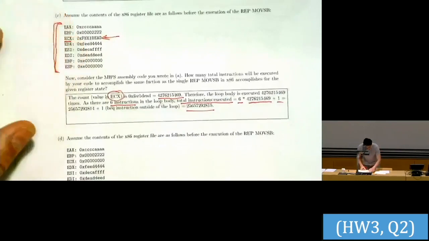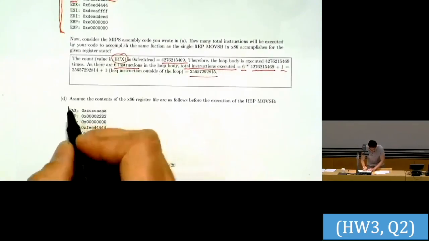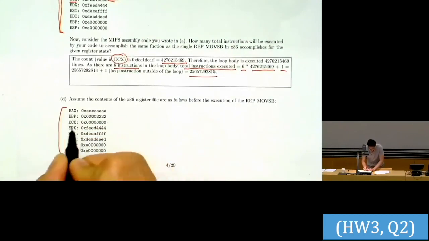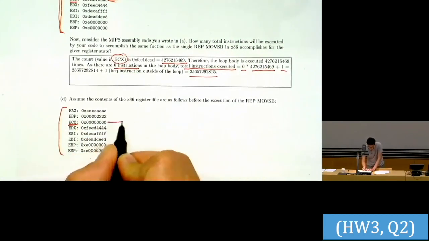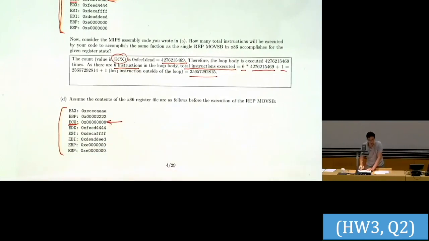The last part, part D, is exactly the same. So the question is exactly the same, but the contents of the register file in this case are different. And if you observe the value of ECX this time, it is 0. So if it's 0, we are not going to enter the loop. Right?